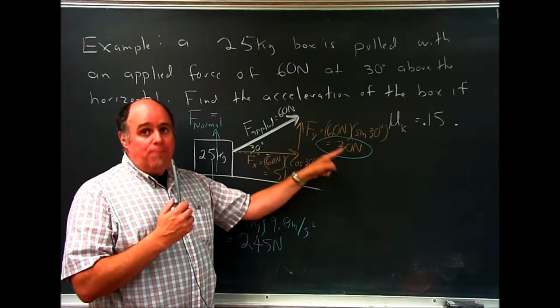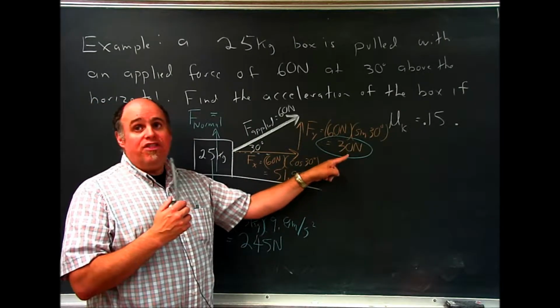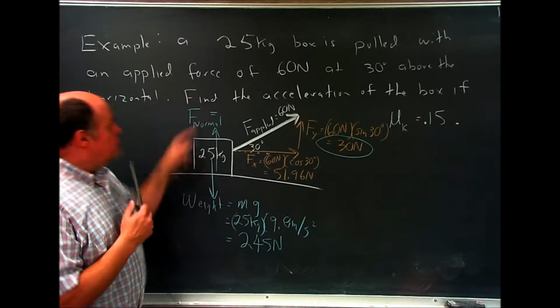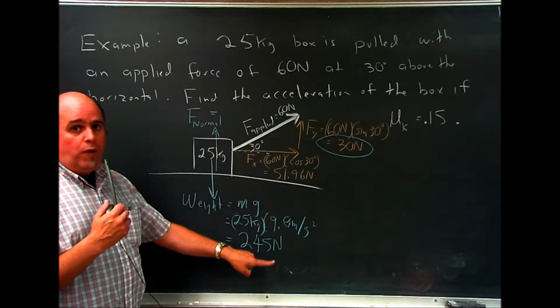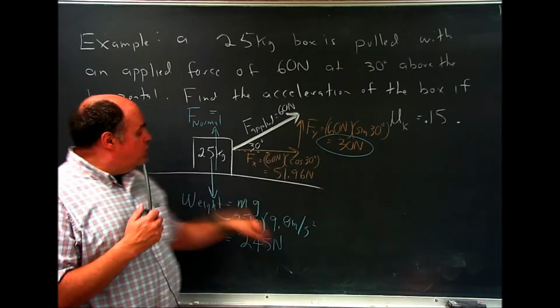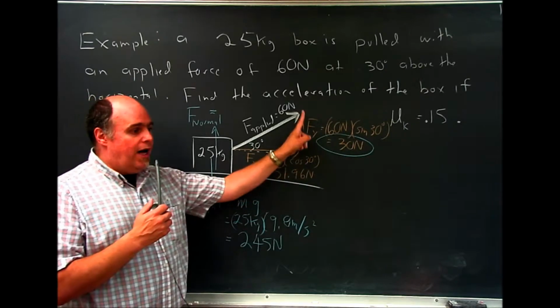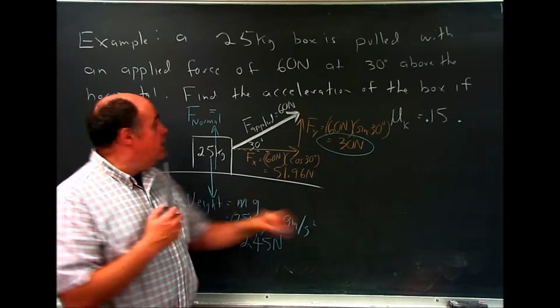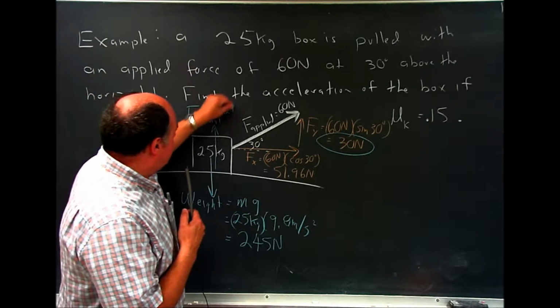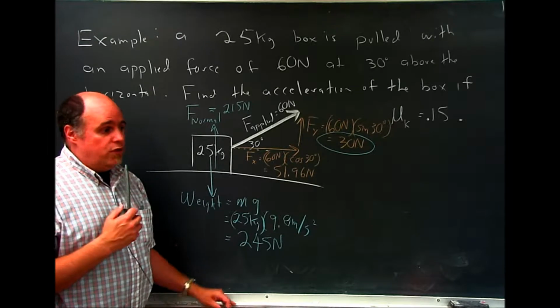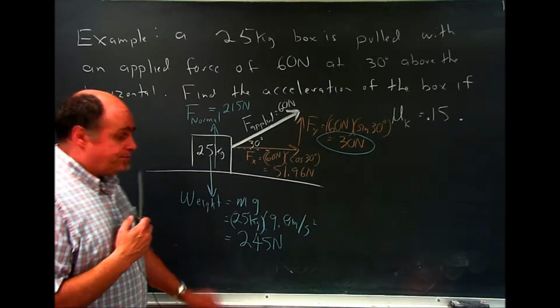By pulling up on it by 30 newtons, they actually make the box feel lighter to the ground by 30 newtons. So the normal force is not just equal to the weight, it's equal to the weight and how this is interacting with the weight. The weight is going down, and this is going up, so we're going to subtract them. If you take 245 and you minus away 30, you will get 215 newtons. So that is going to be the normal force for this particular box.